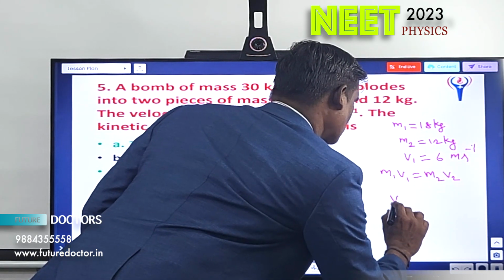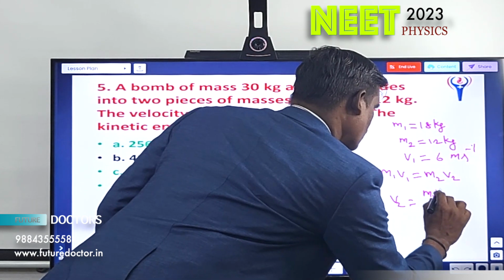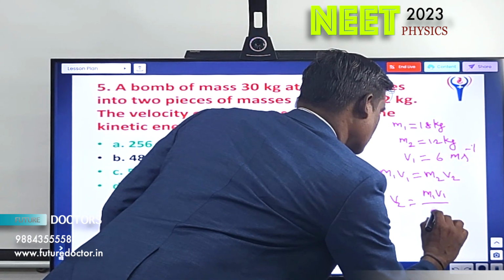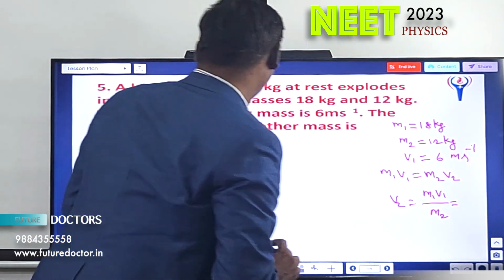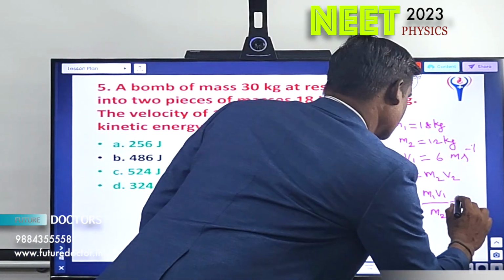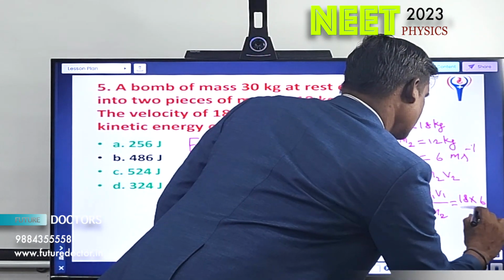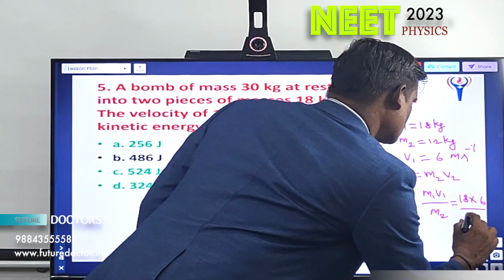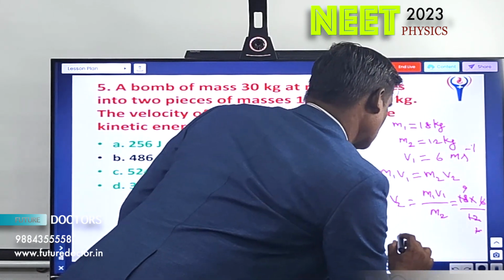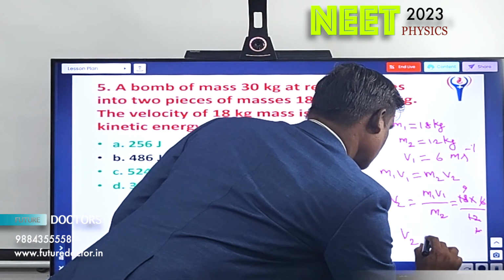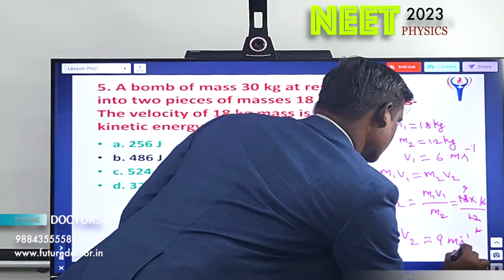From this, v2 is what we want to find. v2 equals m1 v1 by m2, that is 18 into v1 which is 6, divided by m2 which is 12. 6 into 18 by 12 is 9. So v2 equals 9 meter per second.